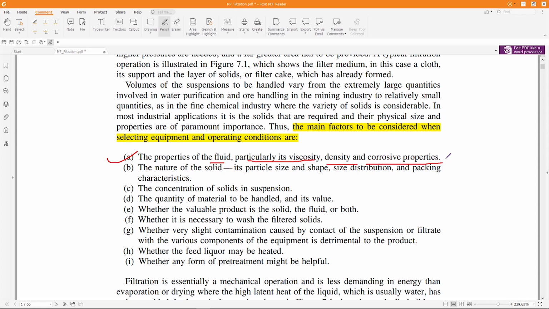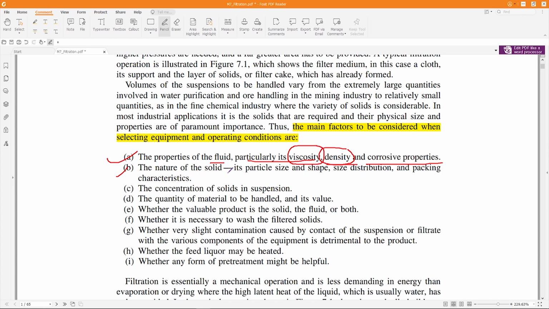Suppose it is very acidic. You want to filter the acidic suspension, so it is difficult, right? If you have a very high density fluid, then it will also be difficult. If it has very high viscosity, then the filtration will also be difficult.